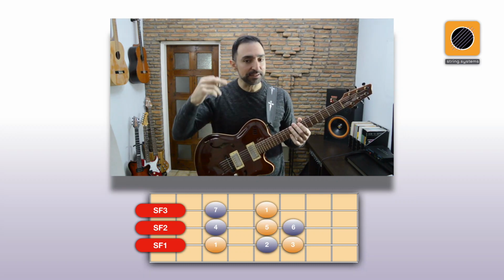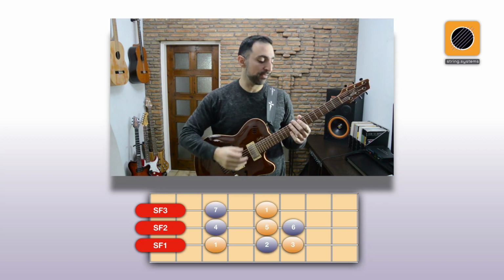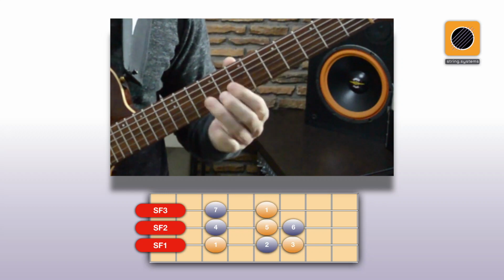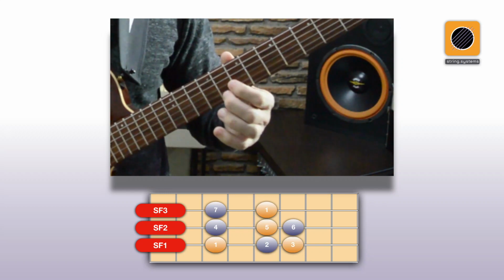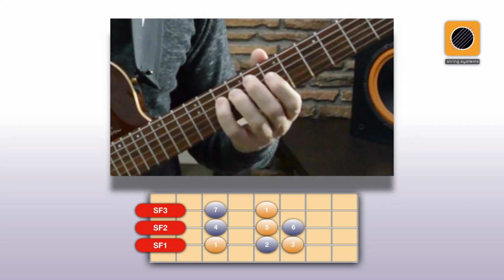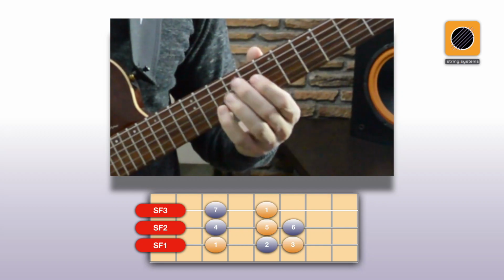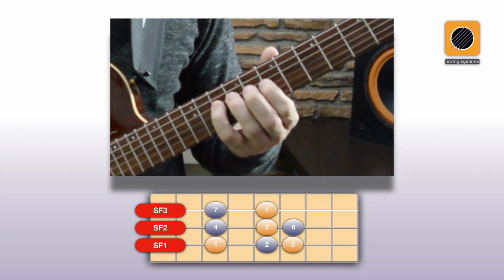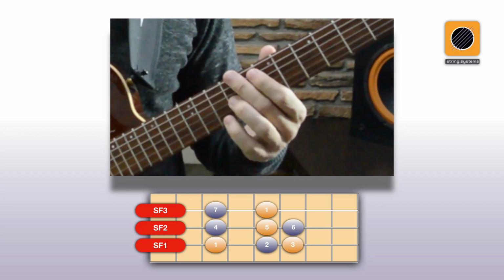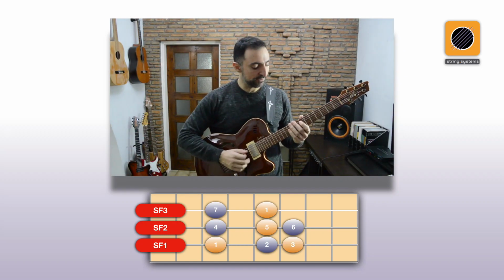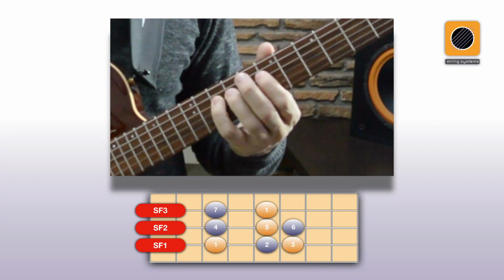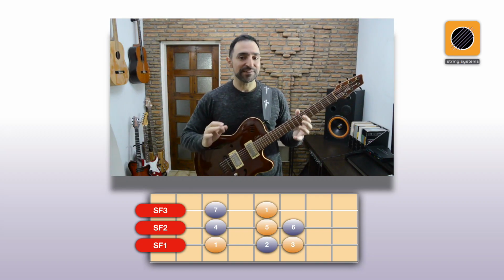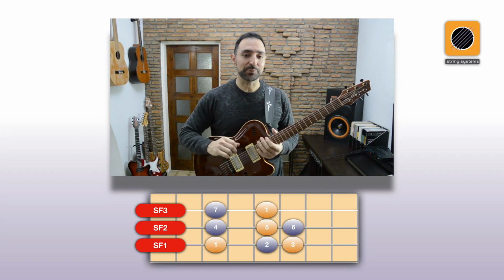Once again, I can think in terms of targeting the chord tones with one below, two above, one below, two above, and so on. But now these have to be scale tones and not chromatic approach notes.